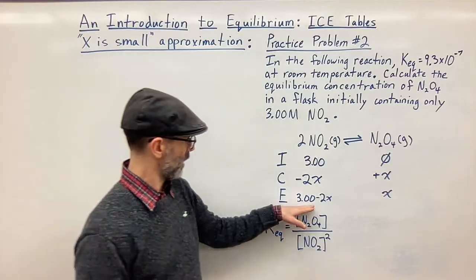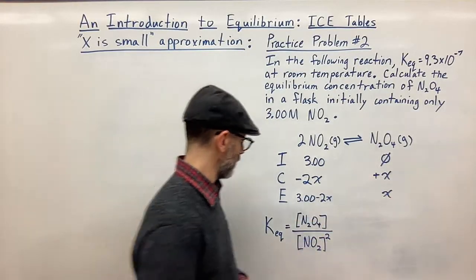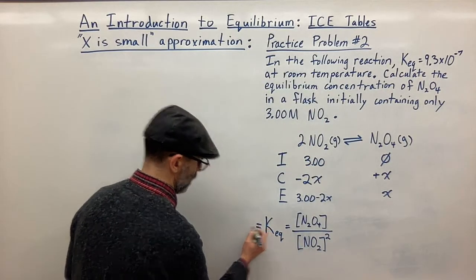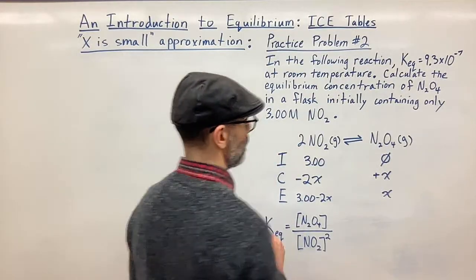Now I'm going to take my equilibrium expressions in terms of X and plug them in here. Let's remember that the Keq is equal to 9.3 times 10 to the negative 7.